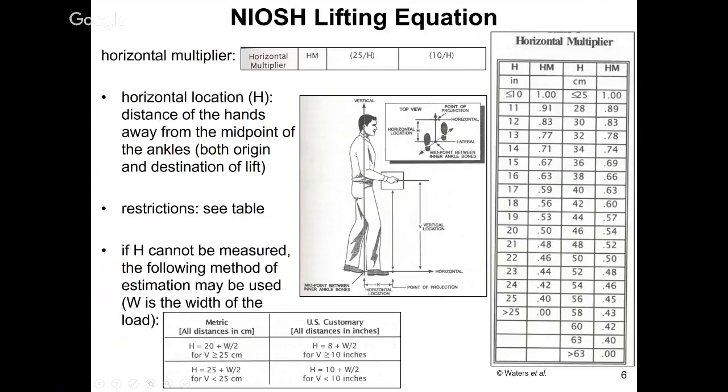It tells you what it is without doing that. Anyway, you'll measure that distance and then you'll plug it into this equation up here, either 25 divided by H or 10 divided by H. And so that's H. That's all there is to it for that one.